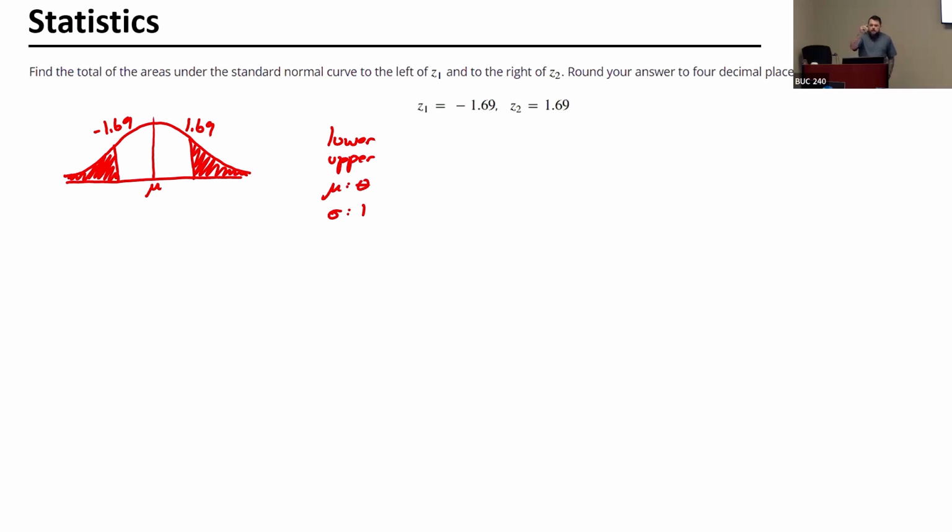When you do the one, though, do you get this right here? 0.0455. What's the next number? 1.